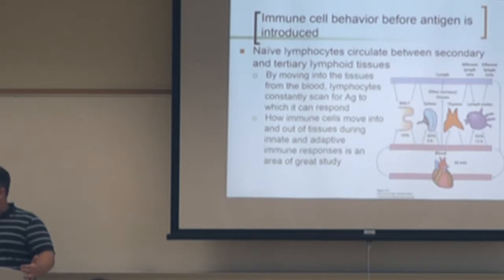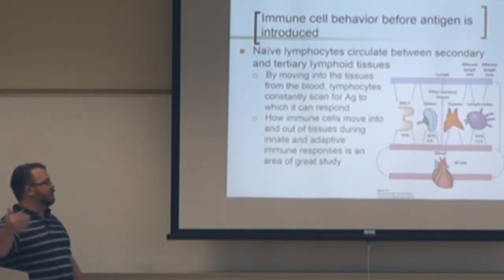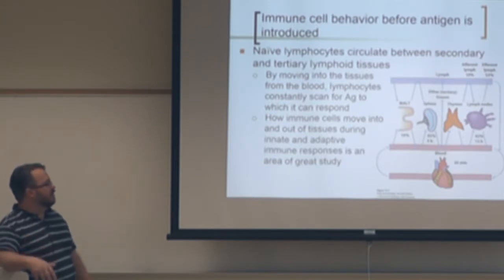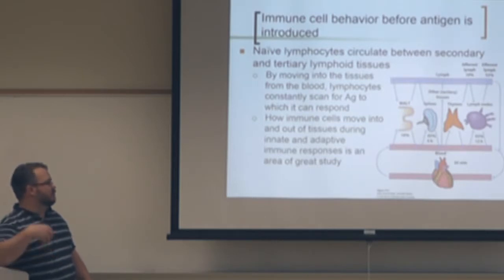Naive cells will have certain chemokine receptors that allow them to traffic from one area to another. Once they've scanned an area, they'll downregulate the receptor and then move on to an area using a different receptor. So they're able to use these receptors to kind of roll. If you've watched any videos, you'll see lymphocytes rolling through the circulatory system, using their adhesion molecules to help them roll.